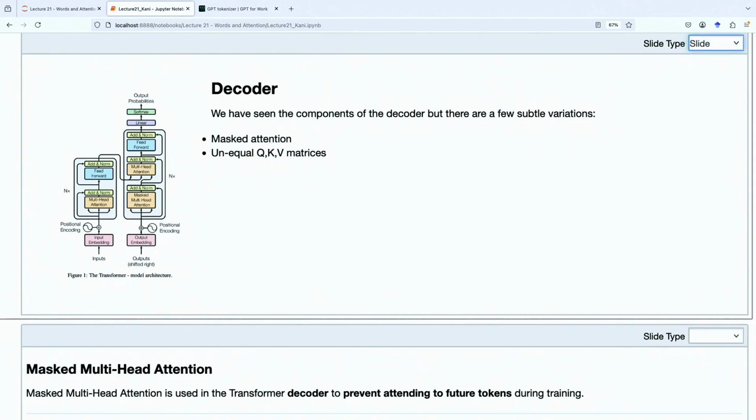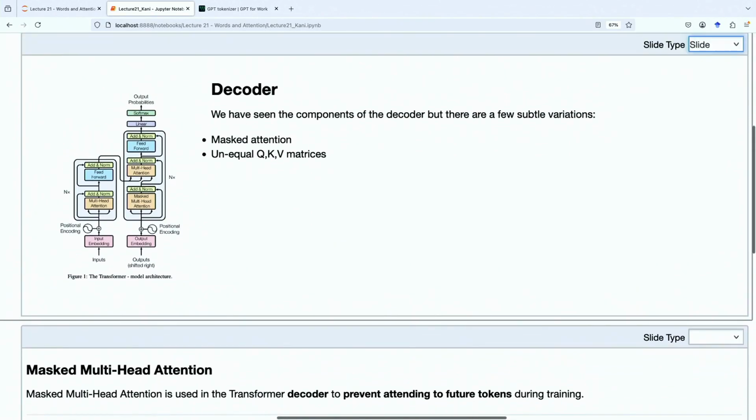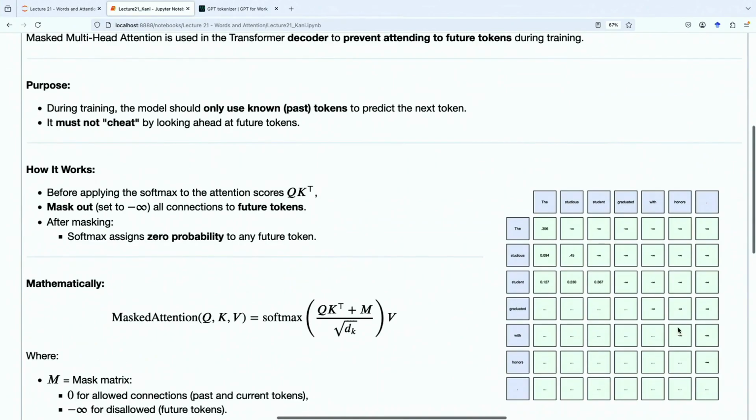The masked attention is simply the idea that in the decoder stage, a decoder is supposed to get a sequence in token by token and output a sequence token by token, right?